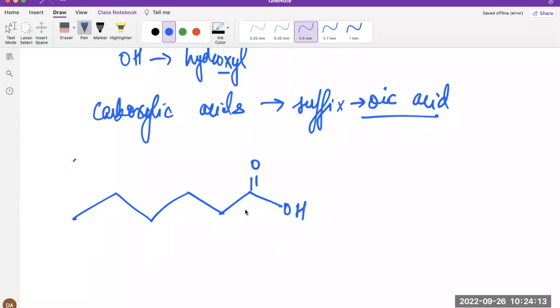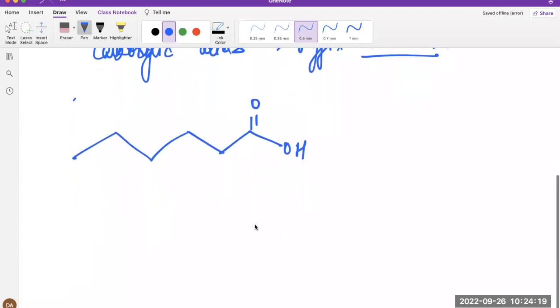Carboxylic acids were on the top. So actually, carboxylic acid, since they're always highest priority, you will never be actually numbering the actual oic acid. Okay, so it will be by default that carboxylic acid will be at the very first position. So if we had to number it for some other reason, if we had a substituent or something like that, you always start counting from this carbon, which has the carbonyl.